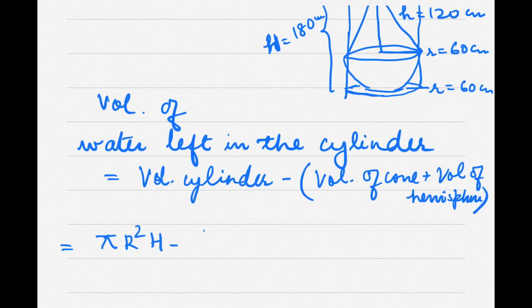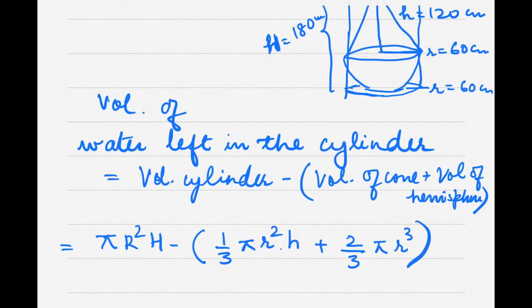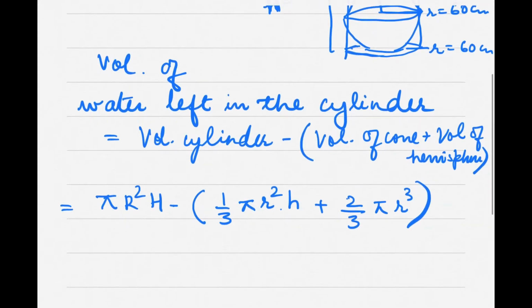The volume of the cylinder is pi R square H. The volume of the cone is 1 by 3 pi r square h, and the cone and hemisphere radius is the same. Plus the volume of the hemisphere, which is 2 by 3 pi r cube. So I have written all my formulas. Now I just have to substitute the values and go on.